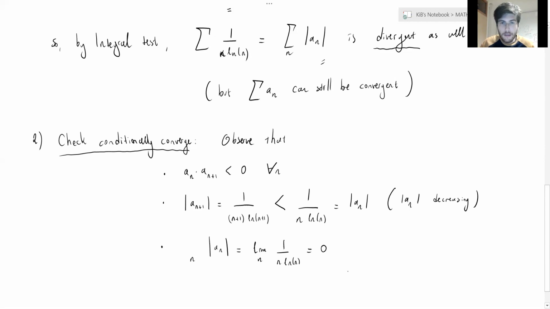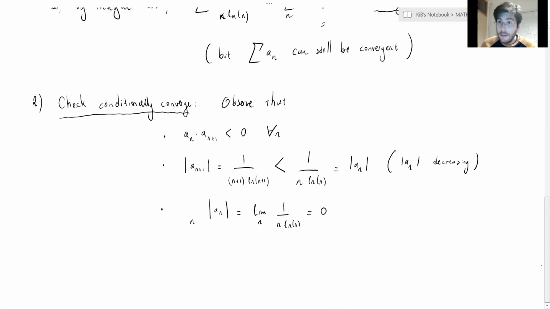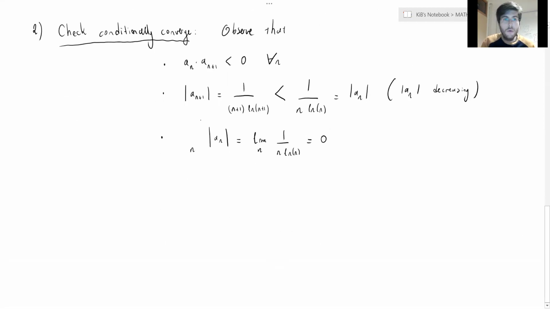And so this is nice. Everything is fine. We can use the alternating series test, right? All conditions are satisfied for the hypothesis of the alternating series test. By the alternating series test, we conclude that a_n is convergent. For the exact statement, of course, you should go back and check the lecture notes.